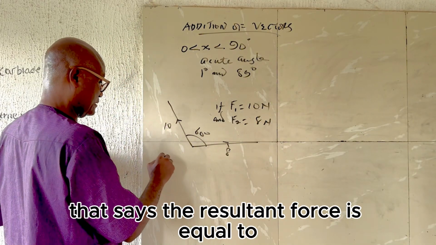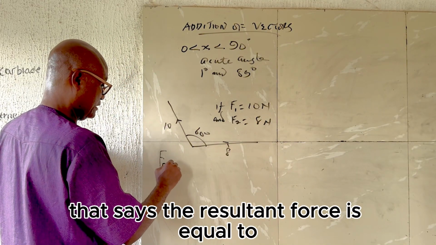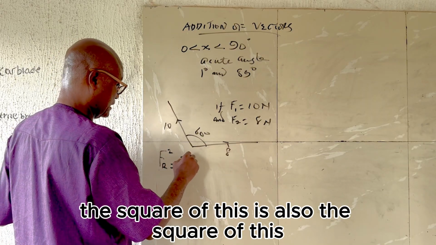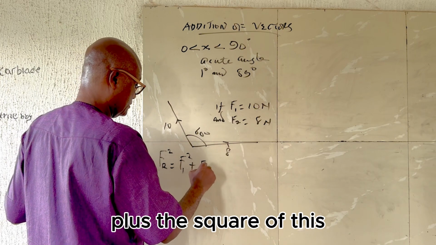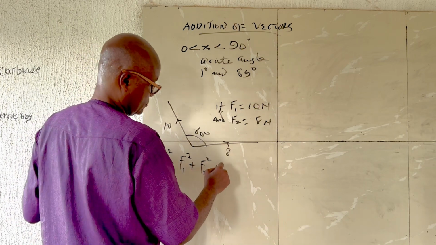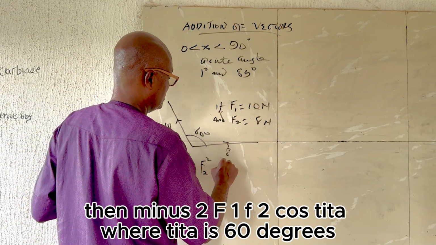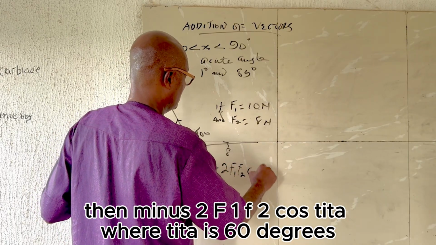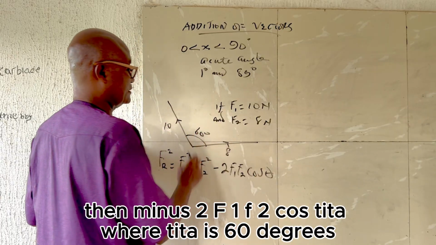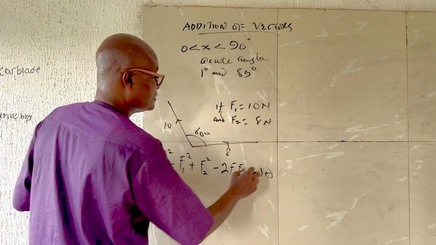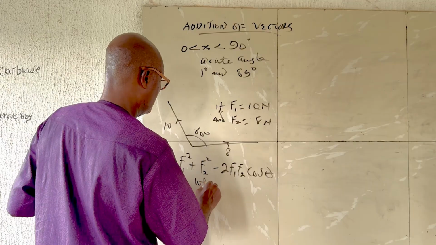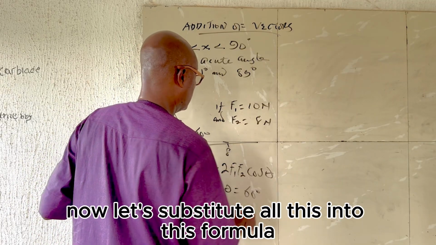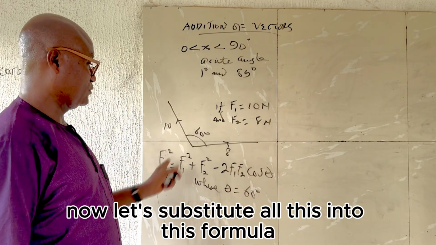Use the cosine rule, which says the square of the resultant force is equal to the square of F1 plus the square of F2, then minus 2 F1 F2 cos theta, where theta is 60 degrees. Now let's substitute all this into this formula.